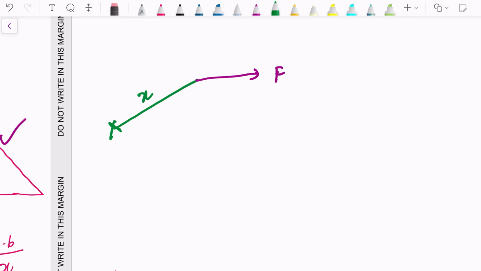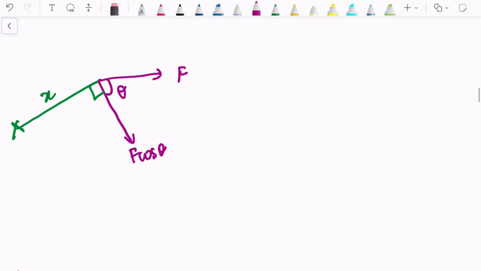Your force here is not perpendicular to x, right? So ideally what you're going to do is resolve it. This is theta. You resolve, and this is F cos theta. Right? It's perpendicular. So you get F cos theta.